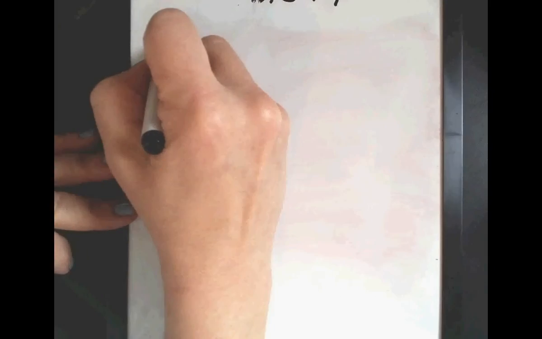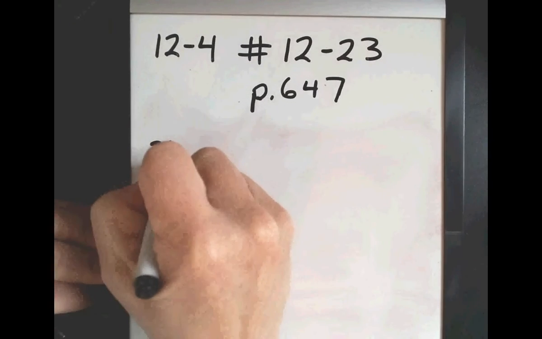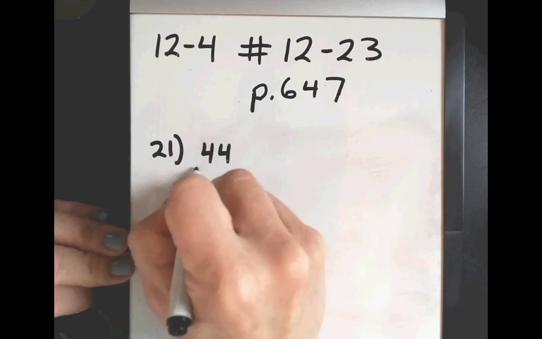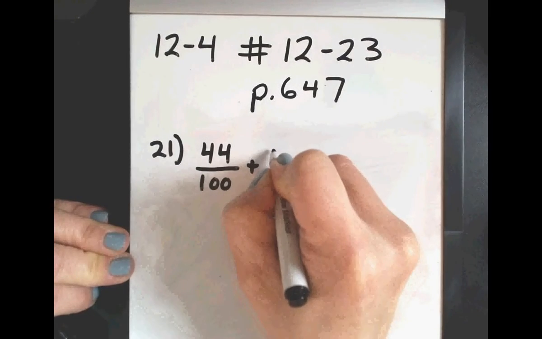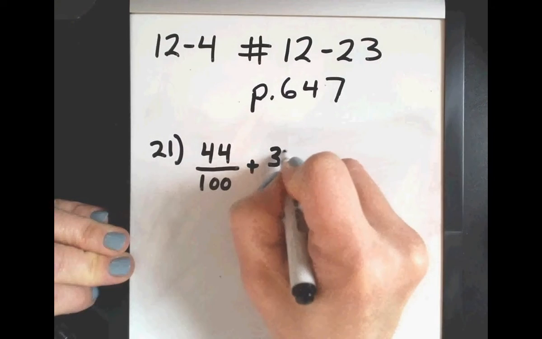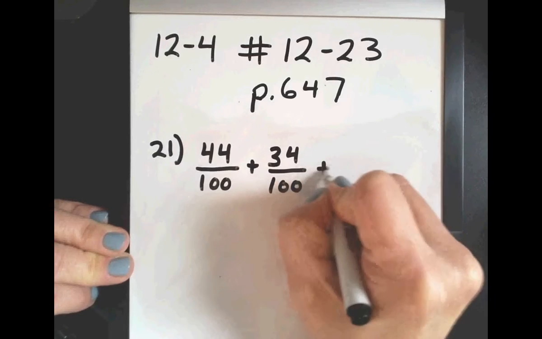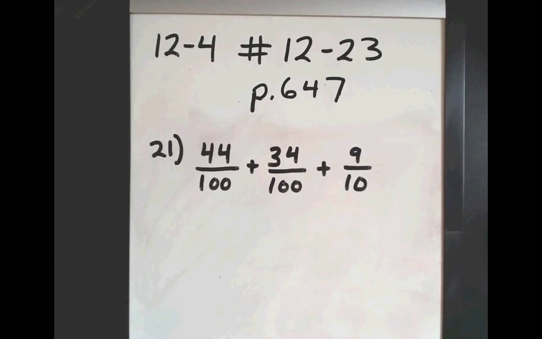So we've got 21, 22, and 23. Okay, so here's 21. Number 21 has three fractions, so we've got 44/100ths plus 34/100ths plus 9/10.